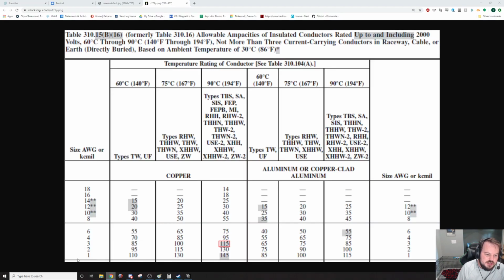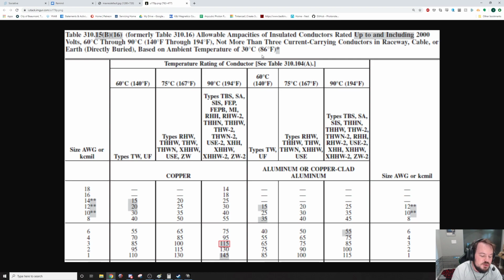Now, of note, we need to read the title of this. You don't have to read it every single time, but there's some important things in the title of this table. Not more than 3 current carrying conductors in a raceway, cable, or earth. So if you have more than 3 conductors in the conduit, you cannot use just this table. Based on an ambient temperature of 30 degrees Celsius or 86 degrees Fahrenheit.